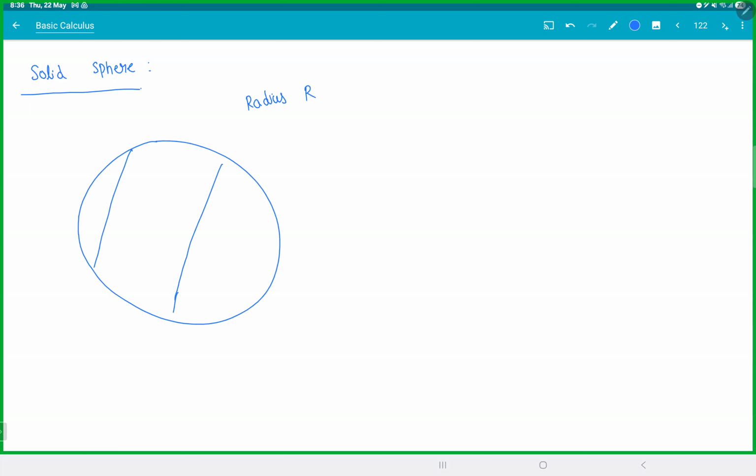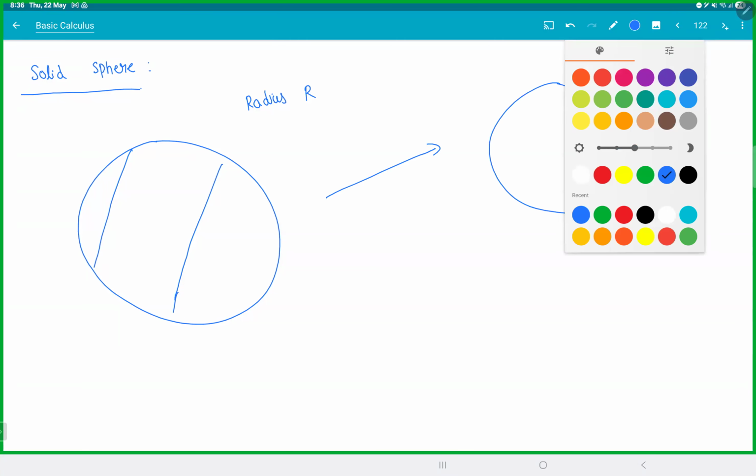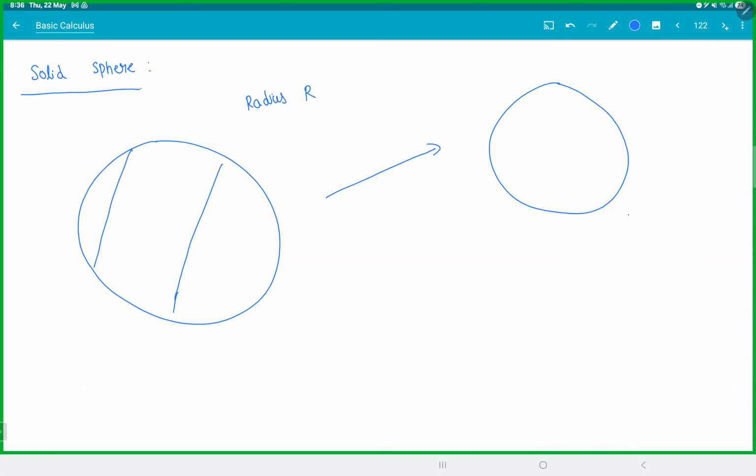So how do we choose elements? Like I said, every time you take a shape, the most important thing is how you choose elements for it. There are two ways you can choose elements. One is like this: you can take shells. Ever seen an onion? When you open an onion, you'll see layer upon layer.